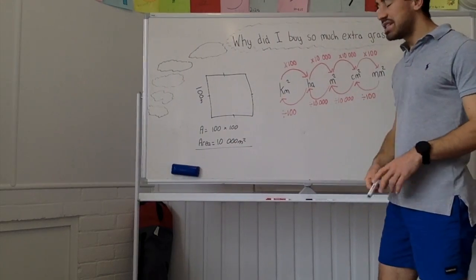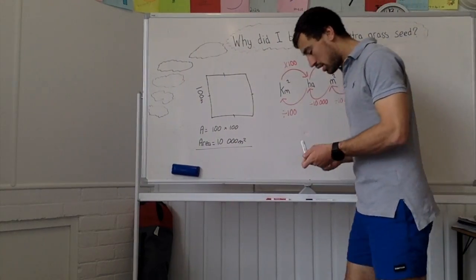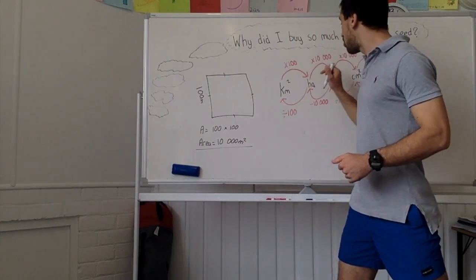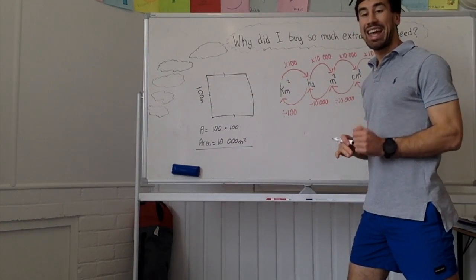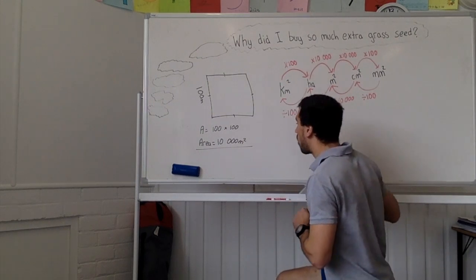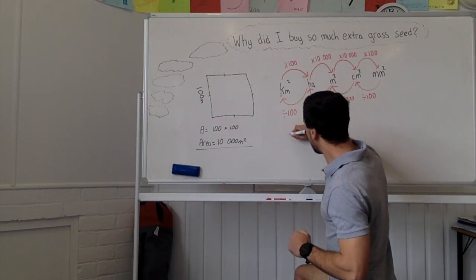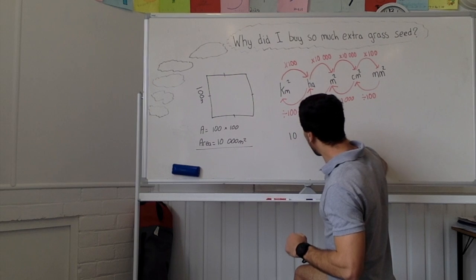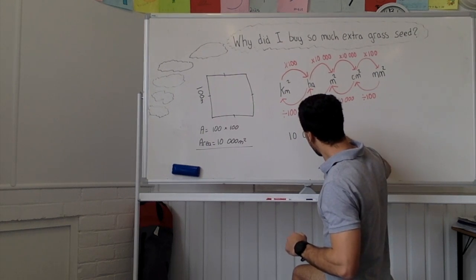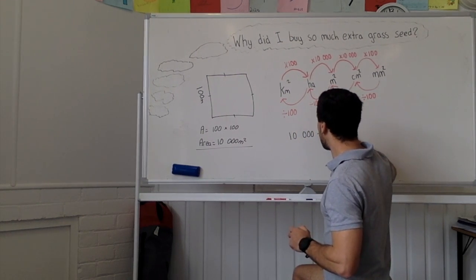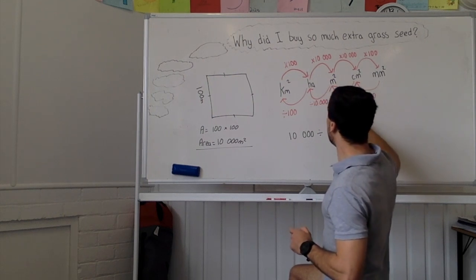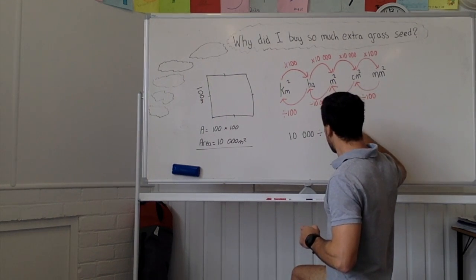So if we go back to our example, where my backyard is 10,000 metres squared, to convert this into hectares, we will go: we have 10,000. We need to divide it by 10,000.